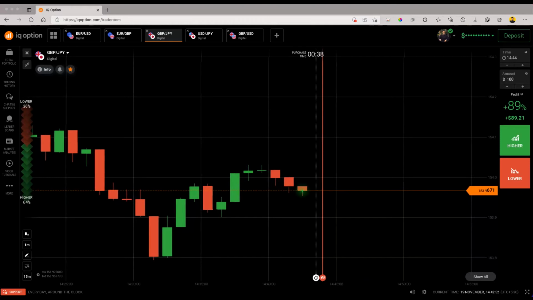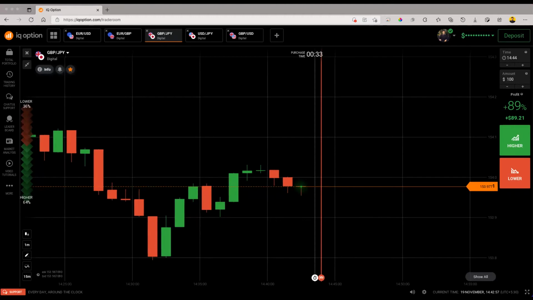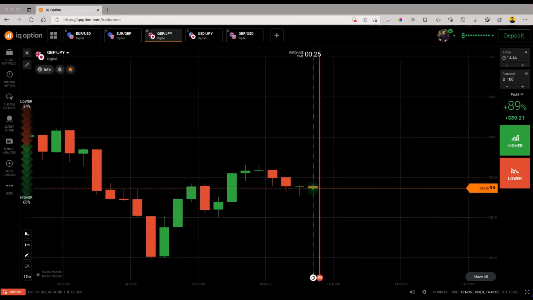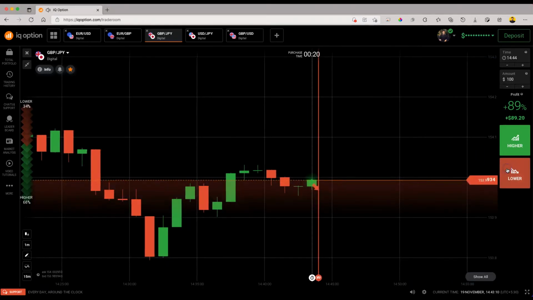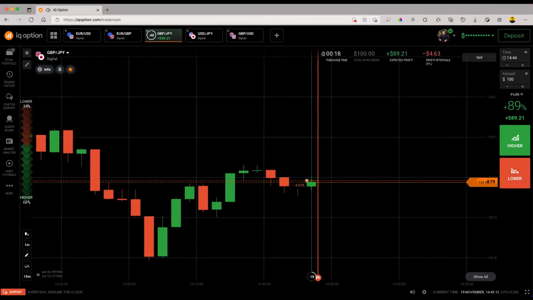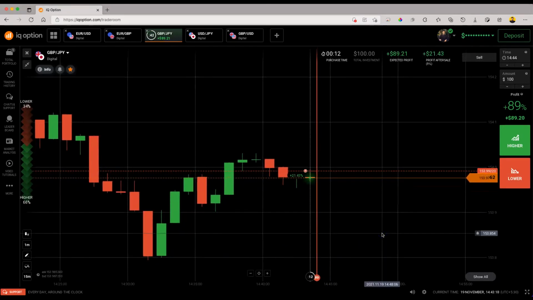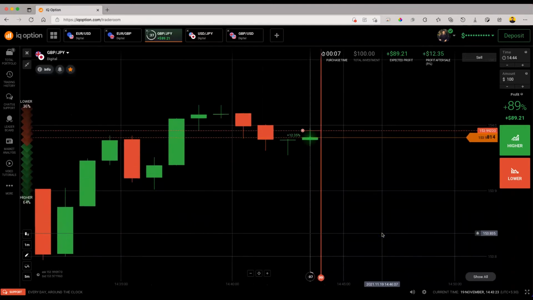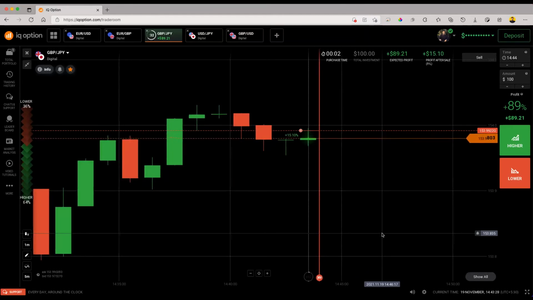Euro USD is going great. Then GBP AUD is also going great. USD CAD is also good. And let's wait and watch for more entries. GBP JPY. 33 seconds more.